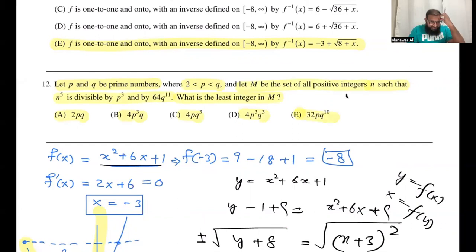M is the set which contains integers N, nothing else. Positive integers. So M is the set of natural numbers, and natural numbers here are denoted by small n.